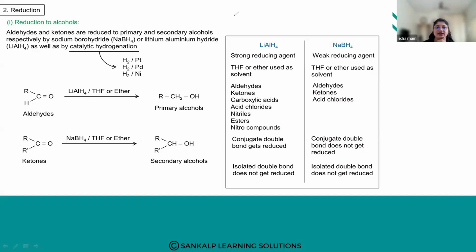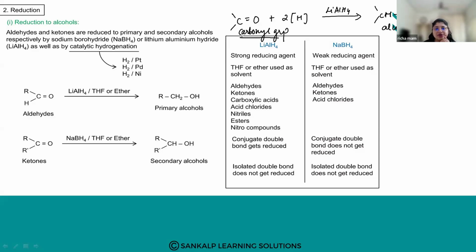So let us see the general reaction. Suppose this is our carbonyl carbon. If we do reduction in the presence of lithium aluminum hydride, which is a reducing agent but a costly one, it will be reduced to alcohol. Here they have not specifically mentioned whether it is an aldehyde or a ketone.